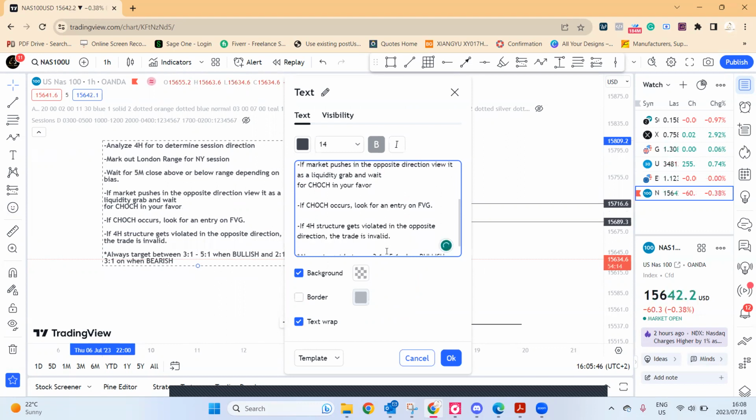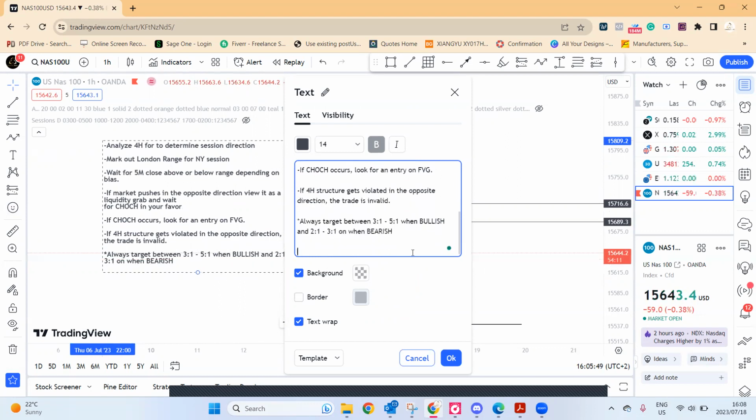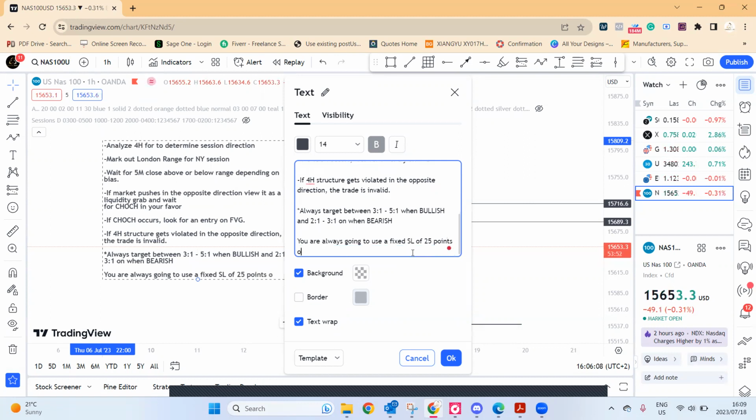You are always going to use a fixed stop loss of 25 points or 2,500 pips. That's just on NASDAQ, 25 points is equal to 2,500 pips. So that's going to be your standard stop loss always.